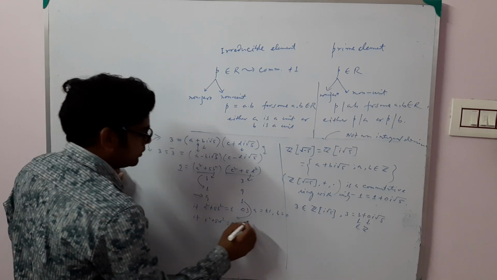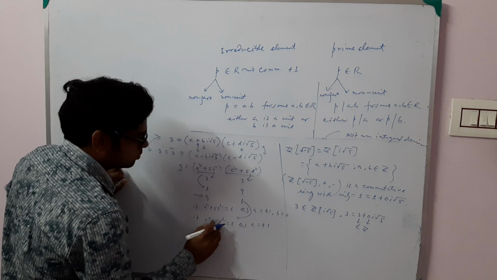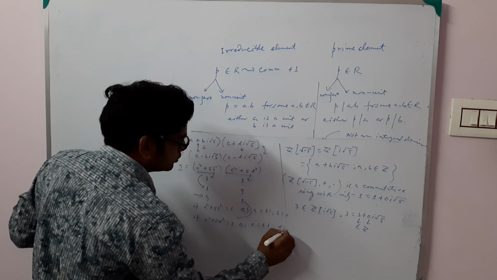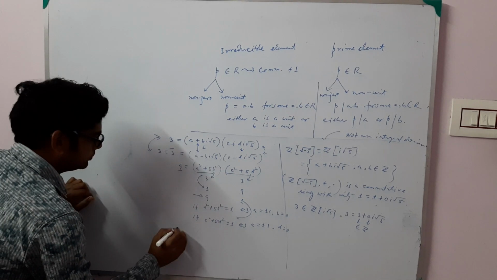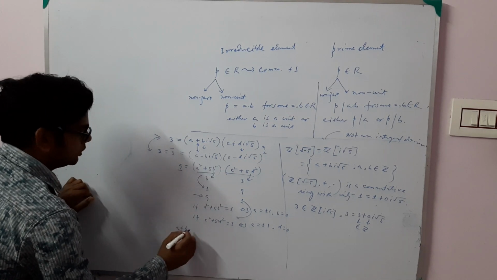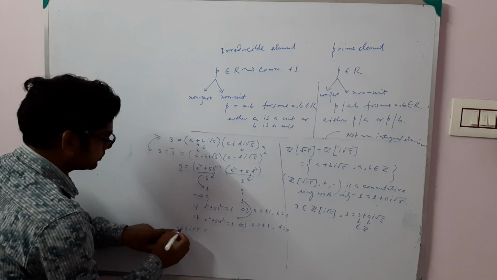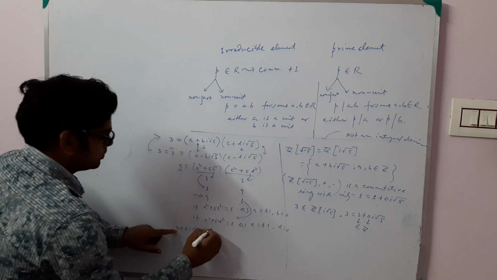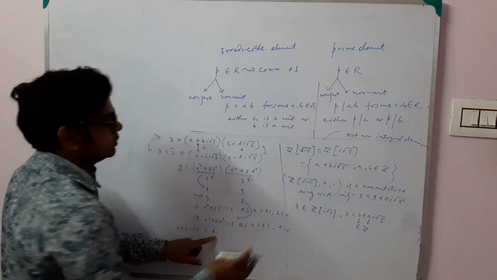This is possible if and only if c equal to plus minus 1 and d must be 0. So in these two cases we see that a plus b root 5, with b is 0, is plus minus 1. So these are units in this ring.